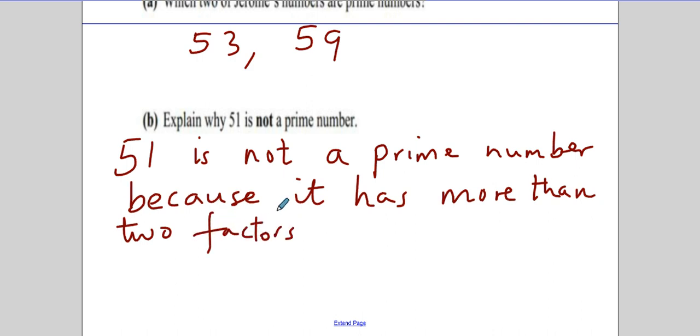Remember, a number is said to be a prime number if it has only 2 factors, that is 1 and the number itself. Okay? Right? 51 is not a prime number because it has more than 2 factors.